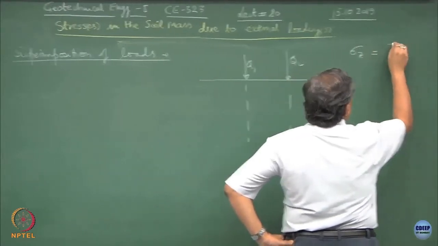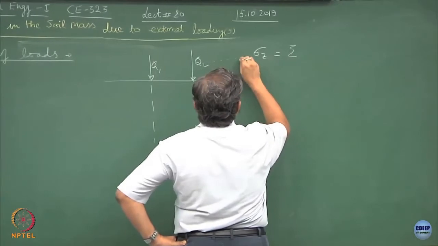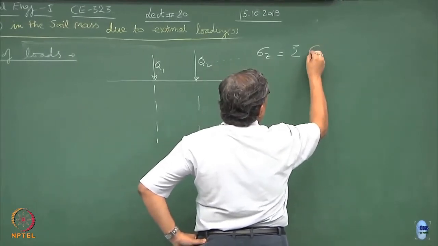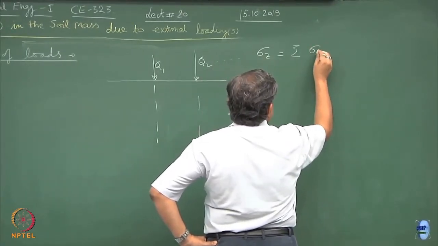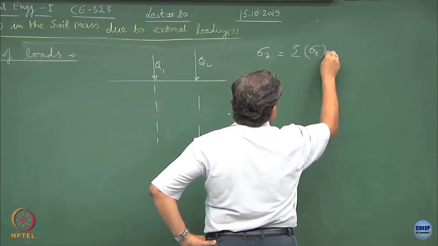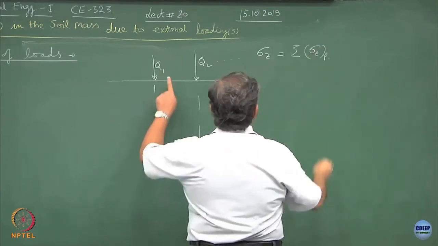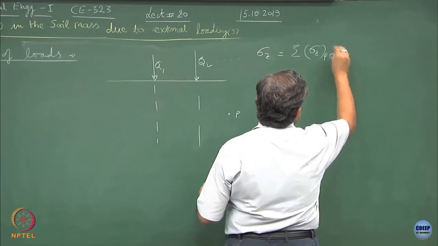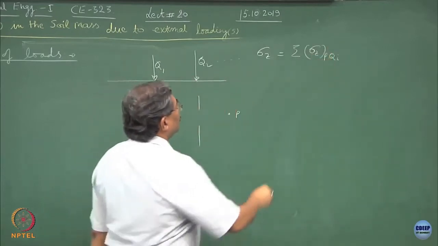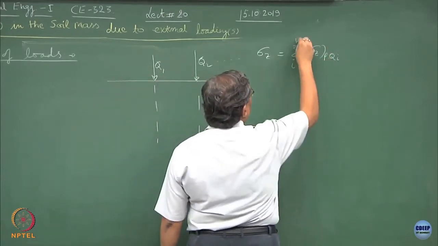So, sigma z will be equal to the summation of, if I have a series of loads over here, sigma z at point P because of Q1, so this becomes i equal to 1 to n.